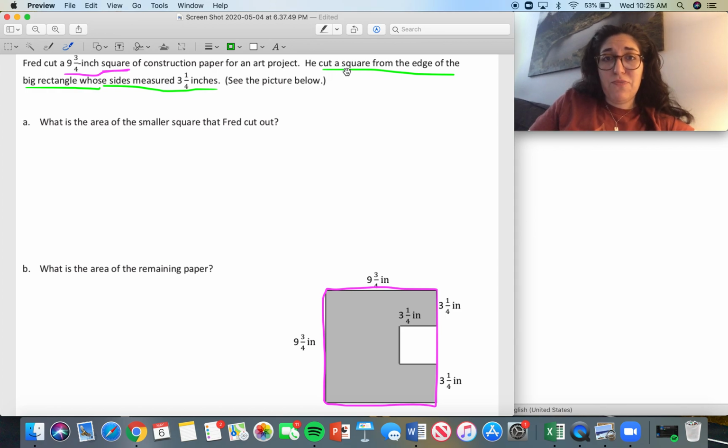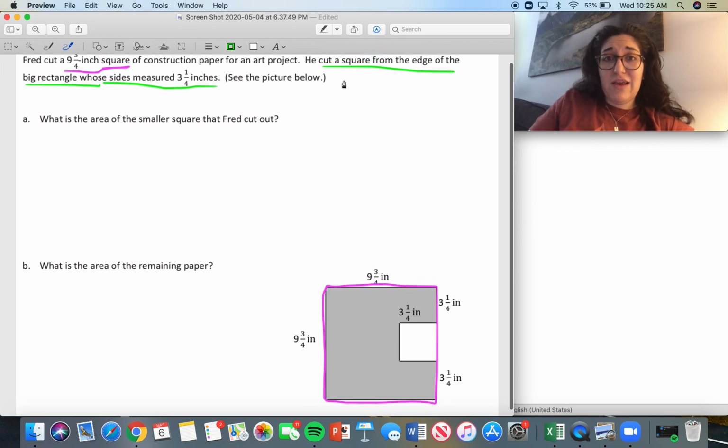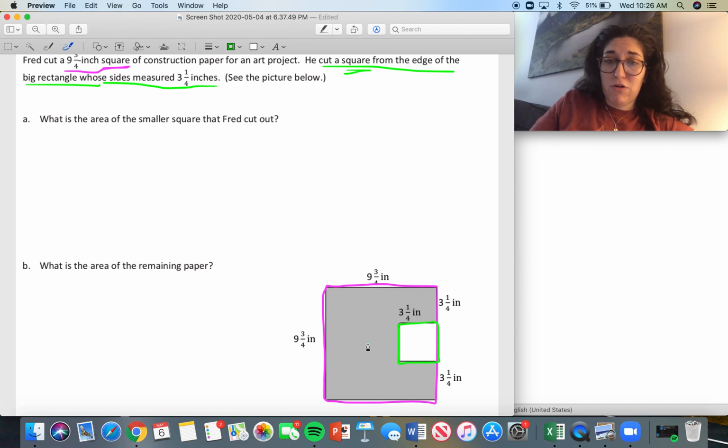So now I know that since he cut a square edge whose sides measure 3 1/4 inch, if this side, as it's showing me, measures 3 1/4 inch, I know that this side is also 3 1/4 inch. This side is 3 1/4 inch.